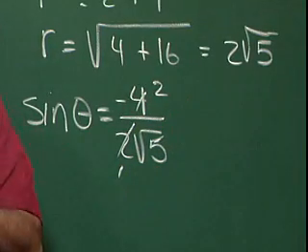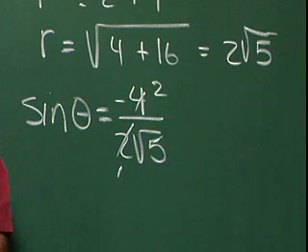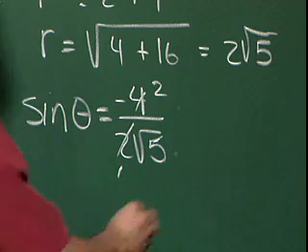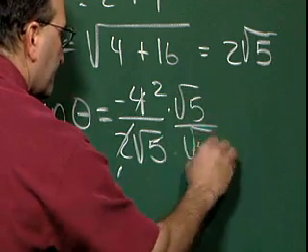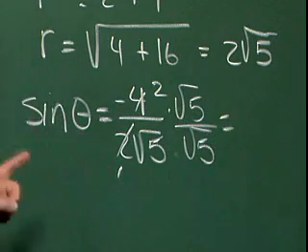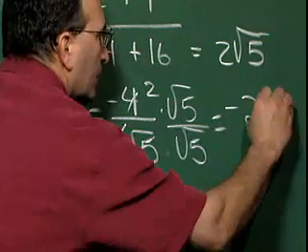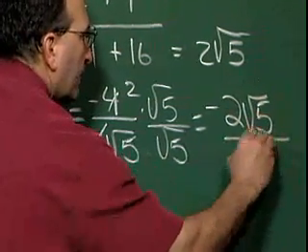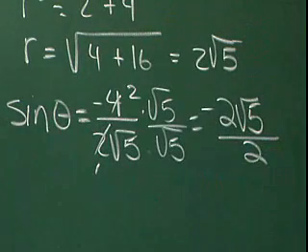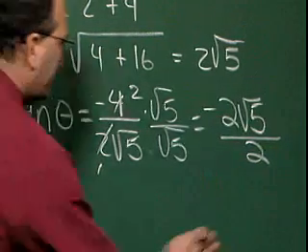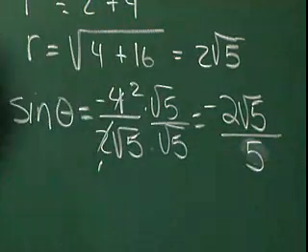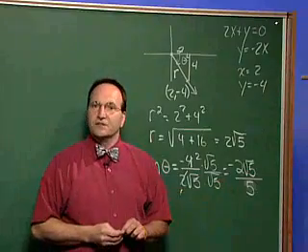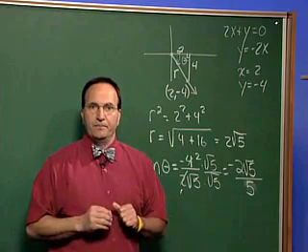And if I wanted to rationalize the denominator, I would multiply top and bottom by the square root of 5. That will give me an answer of negative 2 square roots of 5 over 5, and that would be the sine of theta.